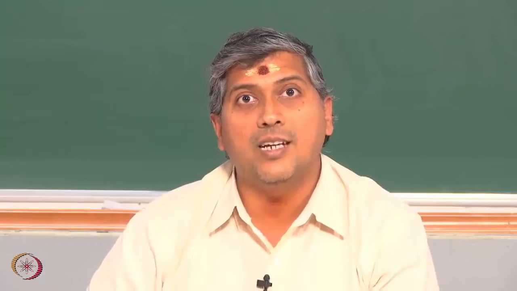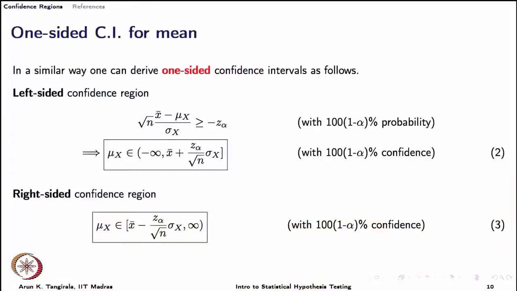From this you derive the left-sided confidence region for the mean. It is fairly obvious that the left extreme is minus infinity and the upper bound is x bar plus z alpha, earlier we had z alpha by 2, now it is z alpha, remember, times sigma by root n. For example, if alpha is 0.05, z alpha would be 1.645.